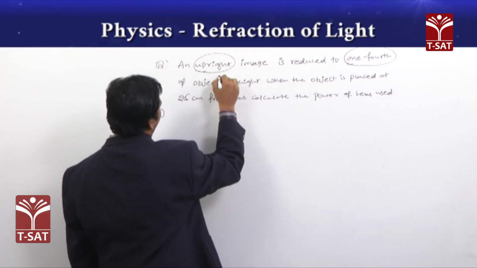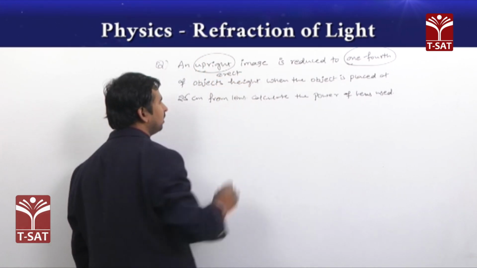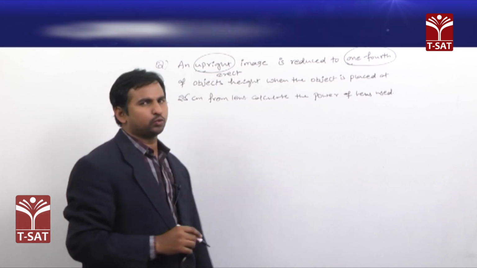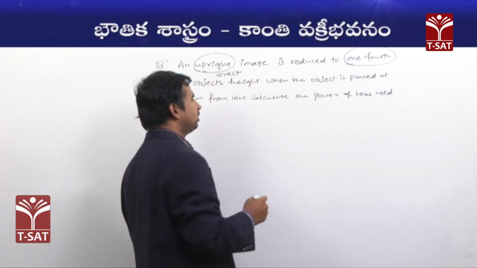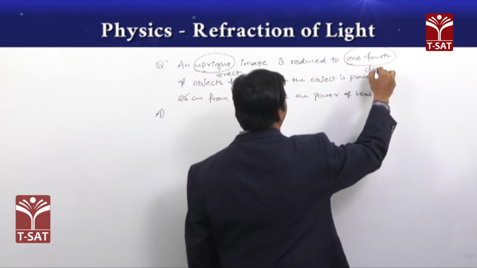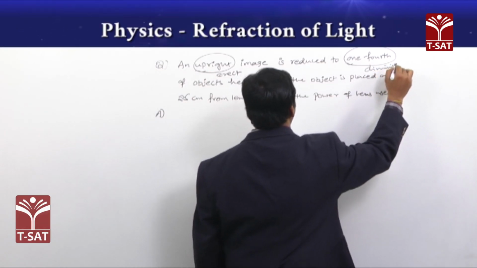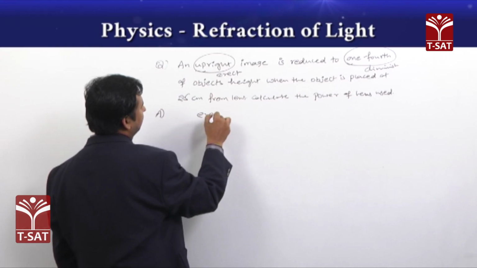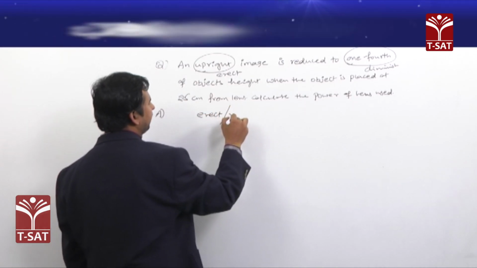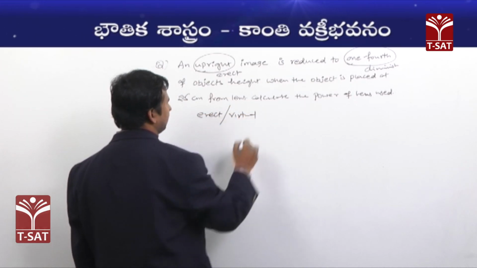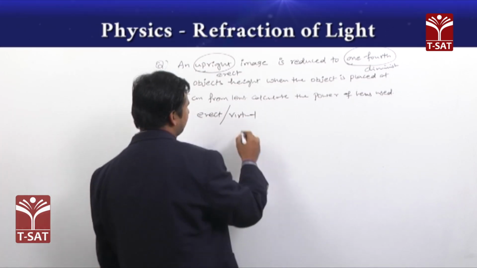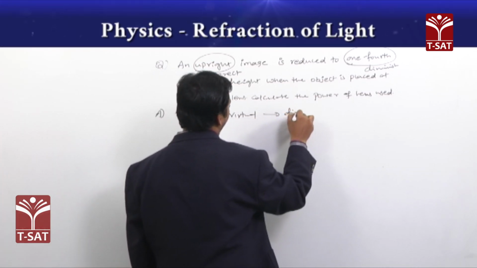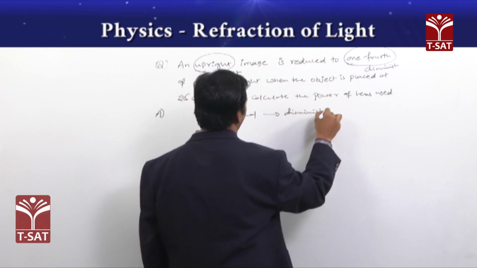Not only that, size is 1/4, which means it is a diminished image. So here the main characteristics given are: it is an erect image, all erect images are virtual images, and it is forming a diminished image.